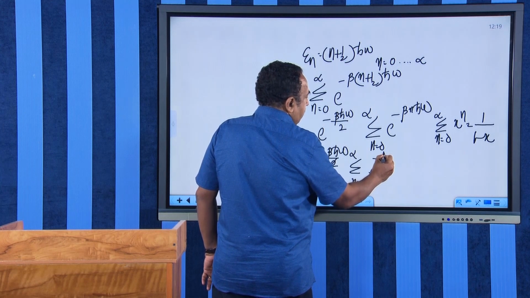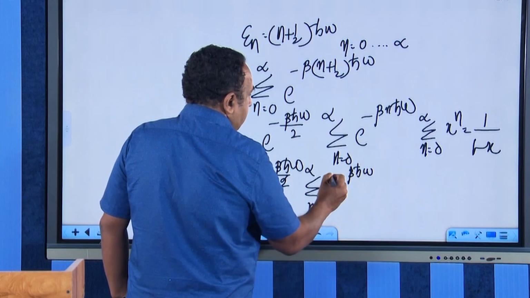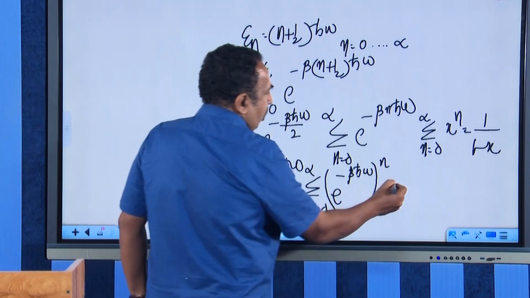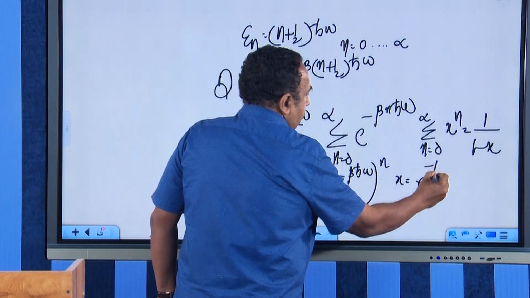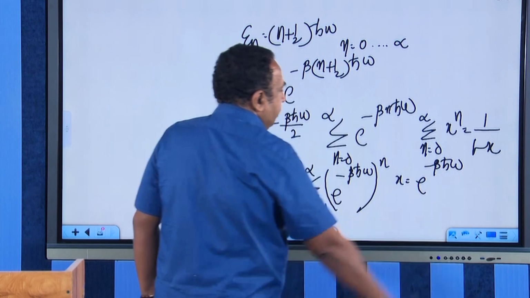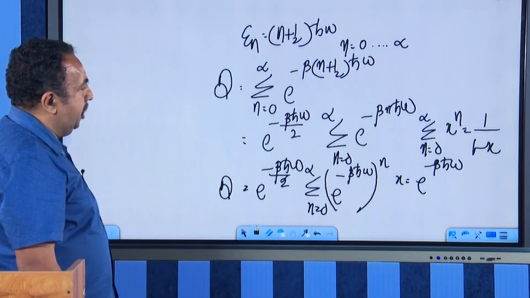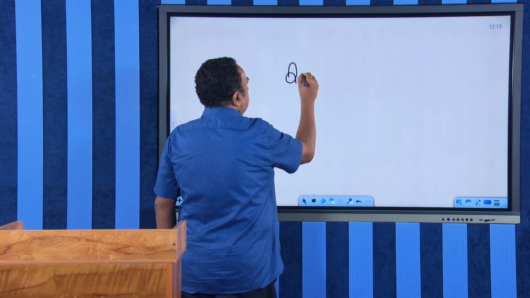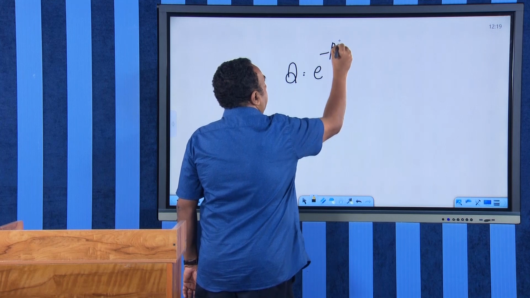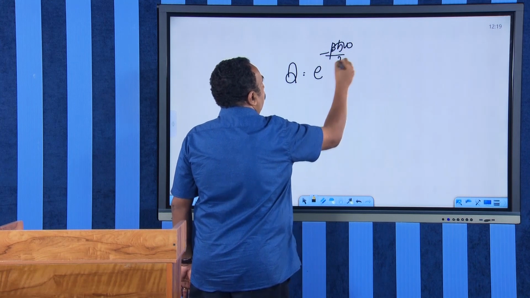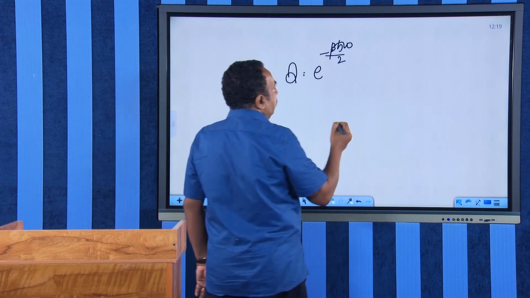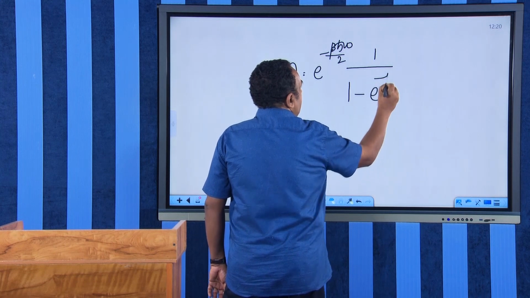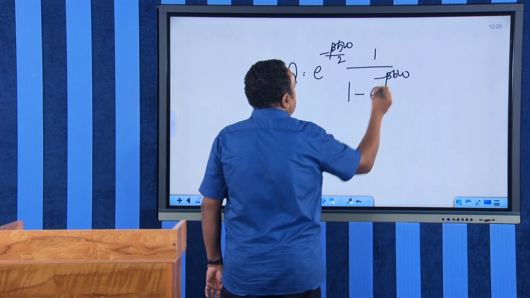Similarly, I can take that n outside, and then x is equal to e raised to minus beta h cut omega. Therefore, your q now becomes e raised to minus beta h cut omega by 2 times the summation of x raised to n, which will be equal to 1 divided by 1 minus x, where x is e raised to minus beta h cut omega.